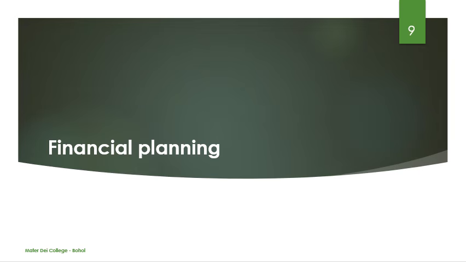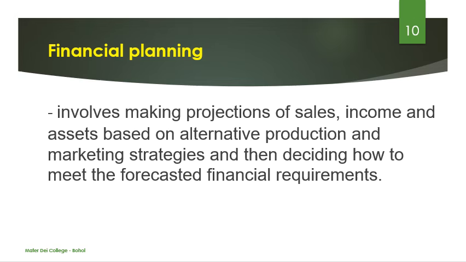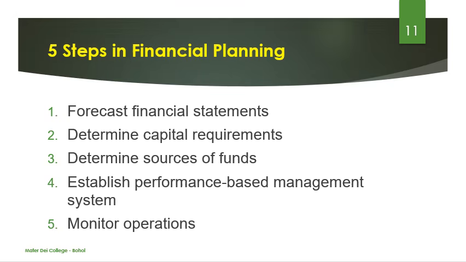Now, let's go further and know about financial planning. Financial planning involves the making of projections of sales, income, and assets based on alternative production and marketing strategies, and then deciding how to meet the forecasted financial requirements. There are 5 basic steps in financial planning.